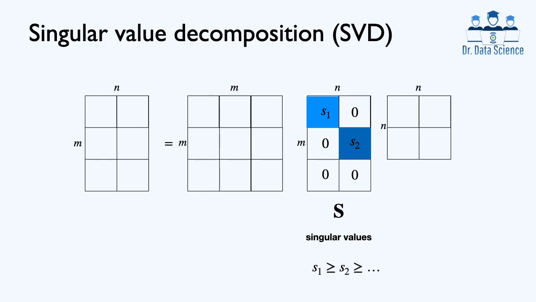Here we call the diagonal elements S1 and S2, and one thing that is extremely important to remember is that we sort these singular values in non-increasing order. So this means that S1 is greater than or equal to S2, and similarly if we have more singular values. So the bigger one is the first one, and then we have the smaller singular values.